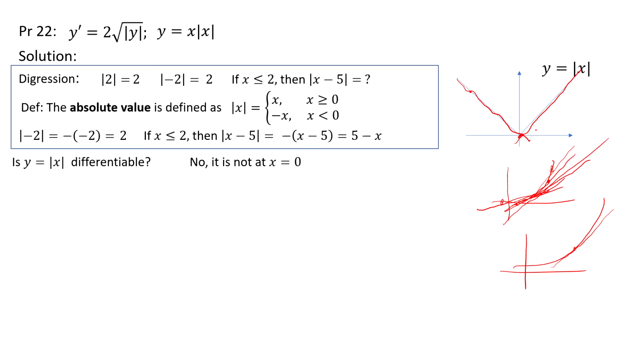Are the two tangent lines the same? They're not. So when I say what's the derivative? Well, find the slope of the tangent, man. Yeah, but which tangent line, man? There are two different tangent lines.